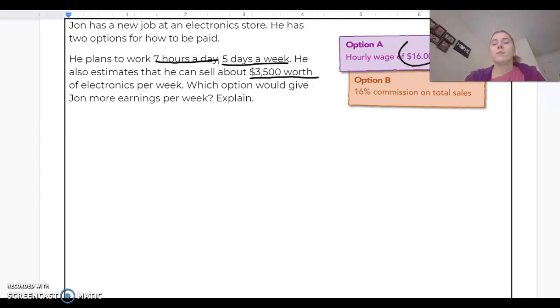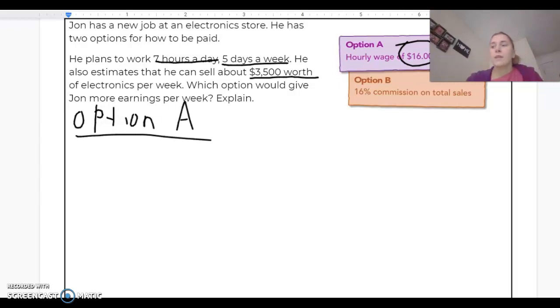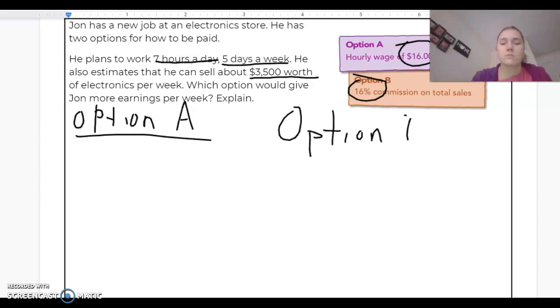So if he has an hourly wage of $16, that is option A. So we're going to write option A, and then option B, we have 16% commission on total sales.